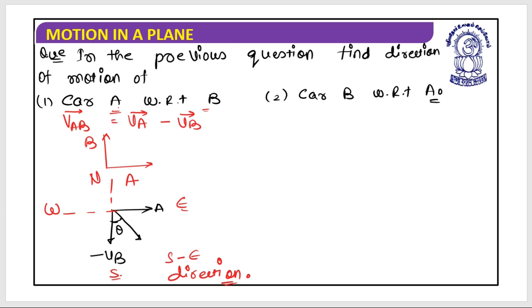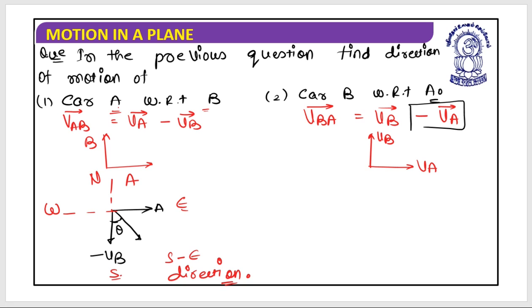Great. Next is car B with respect to A. So it's the velocity of B with respect to A. This is VBA, which should be VB minus VA. So this is VB, and this was VA. Now what I want is a minus of VA. So this is VA, this is minus of VA.